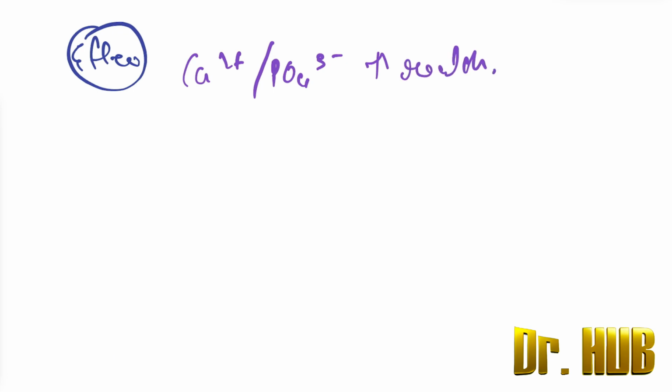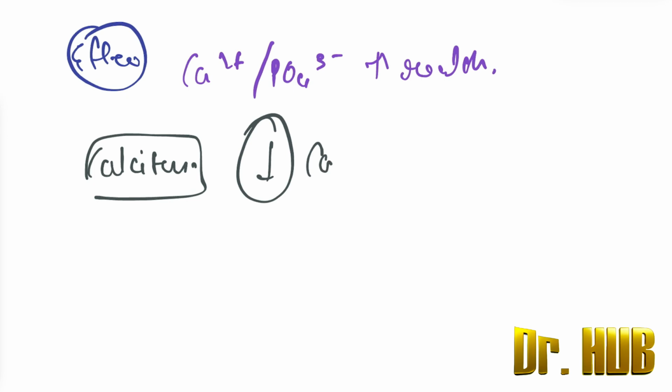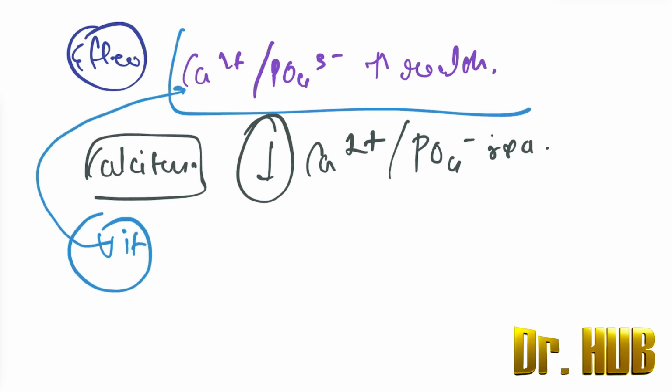In parathyroid hormone there was an increase in calcium reabsorption and a decrease in phosphate reabsorption, whereas in calcitonin it is the reverse: there is a decrease in both calcium and phosphate reabsorption. In vitamin D, calcium and phosphate both have increased reabsorption.